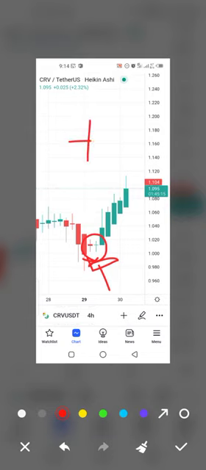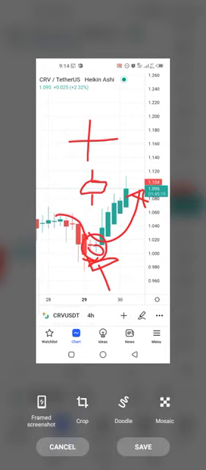Sometimes it's a plus. You see here there are two dojis formed like that. Sometimes it has a little body. And if these dojis are formed in a trend, for example a downward trend, it means it's going to become an upward trend. So if you see it, then you prepare to enter the market.